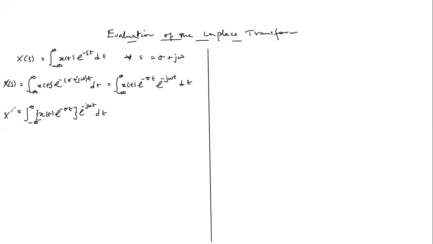Now, soon it will become apparent that when e to the minus sigma t tends to unity, that is, this tends to 0, as sigma tends to 0, then the Laplace transform will converge to the Fourier transform, such that it will now be the same as the integral from negative infinity to positive infinity of s of t e to the minus j omega t dt.